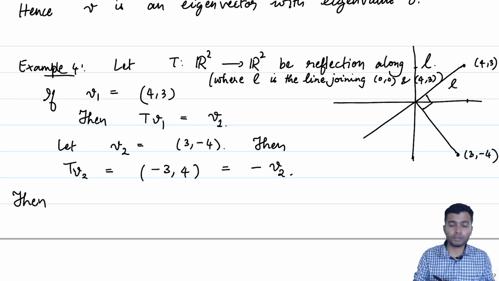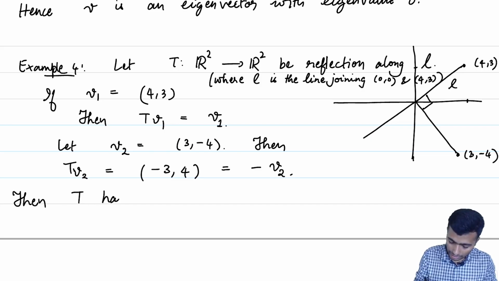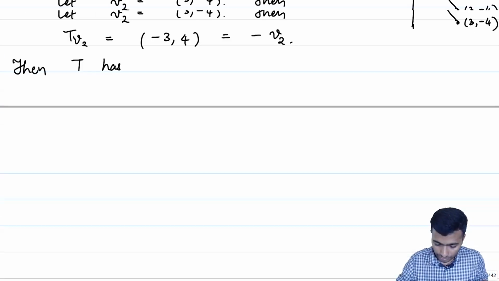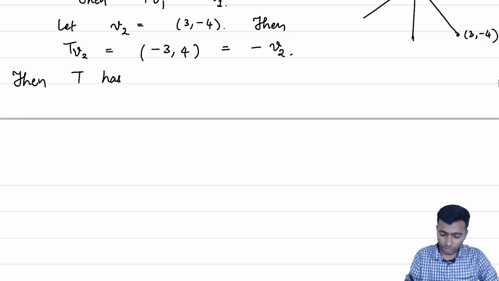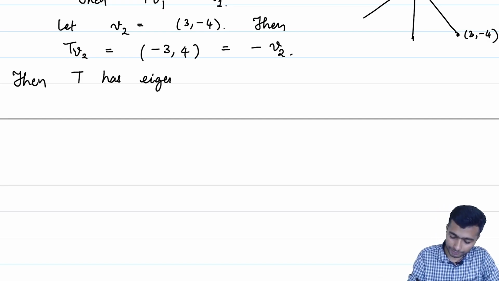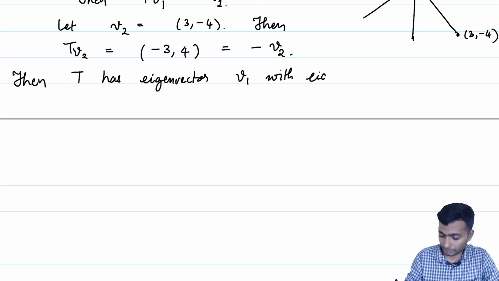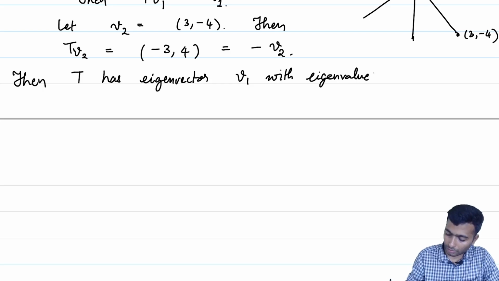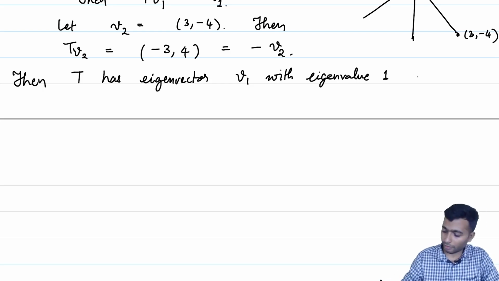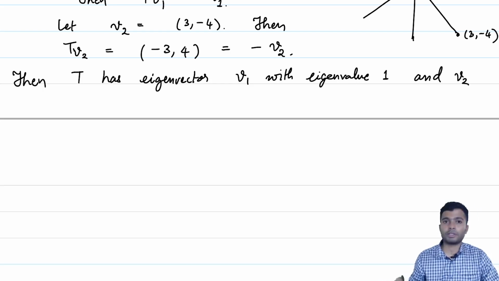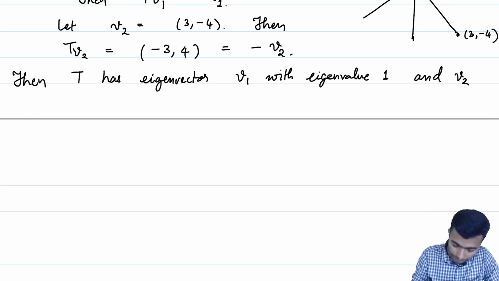Okay. So, then T has eigenvectors v1 and v2. Notice that v1 and v2 both are non-zero, as eigenvectors: v1 with eigenvalue 1 and v2 with eigenvalue minus 1.